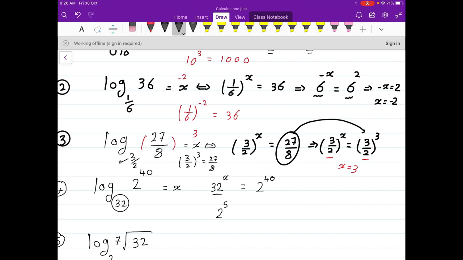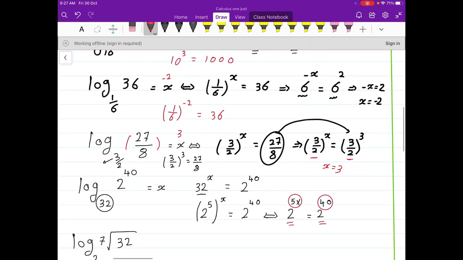So 32 is the same as 2 to the power 5. This is to the power x equals 2 to the power 40. Now, 2 to the power 5x is equivalent to 2 to the power 40. Now, they have the same base, so the exponents will be equal. So we get 5x equals 40, so x equals 8. What is the answer? The answer will be 8.